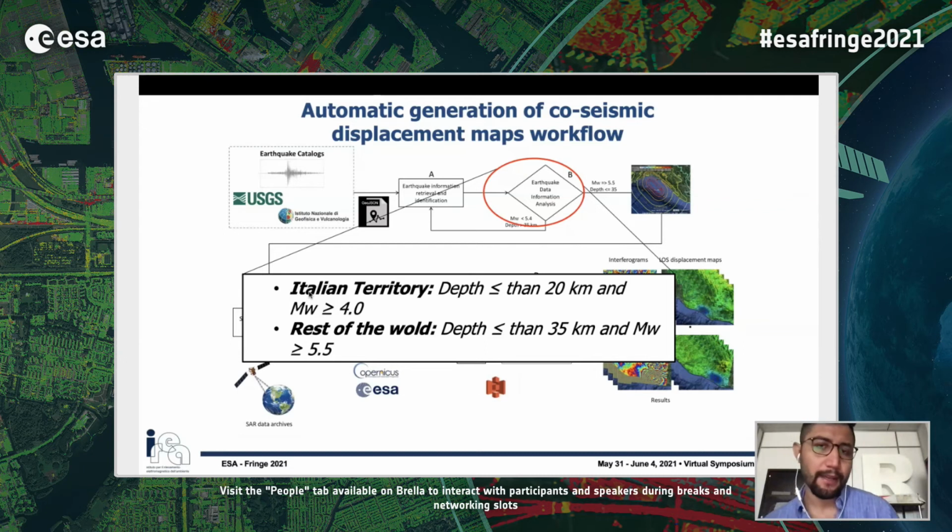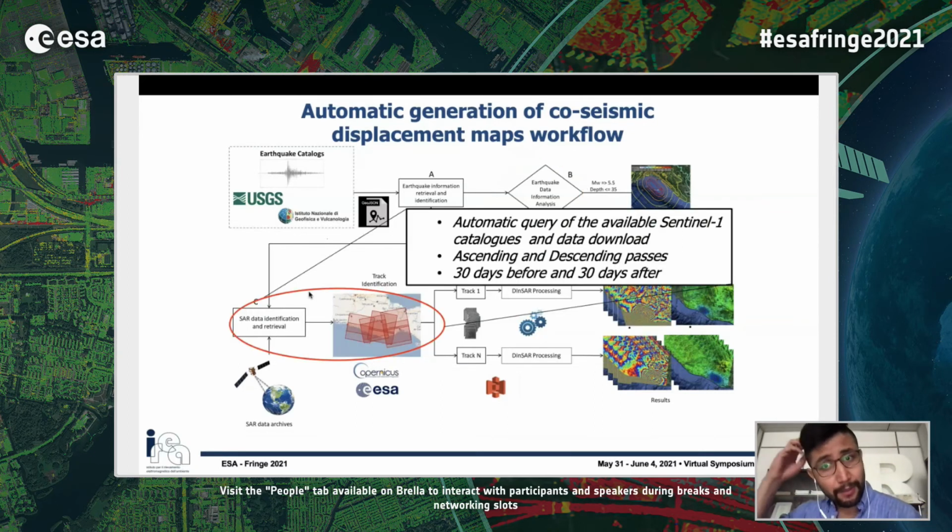After selecting the main earthquakes, the main shock, we have developed in an automatic way the query to download all the available Sentinel catalogs and the data. Depending on the earthquake magnitude, we create a bounding box to select all the images of the area of interest.